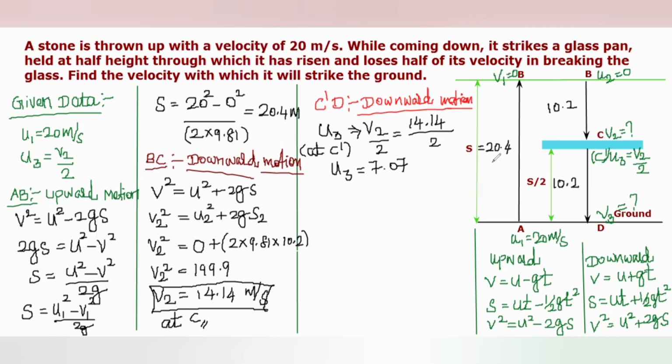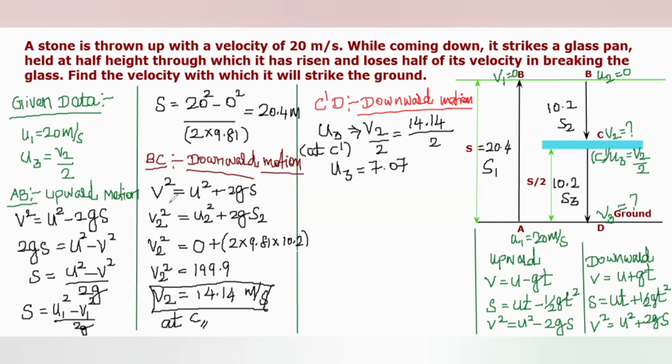That means S1 is 10.2, S2 is 10.2, S3 is 10.2, the three segments. So S3 is 10.2, and then we are going to find V3, that means the velocity at point D, where it is going to hit the ground.